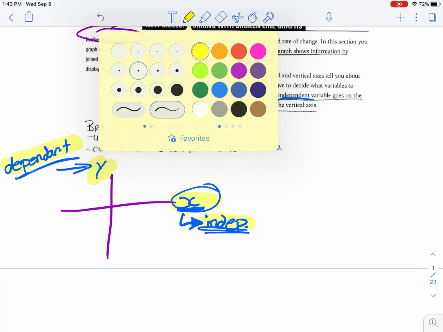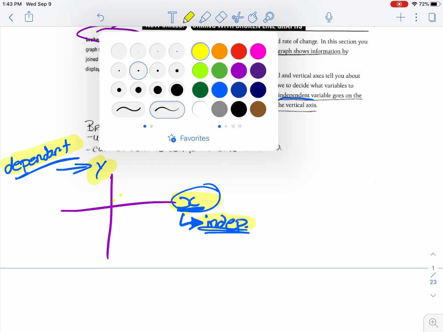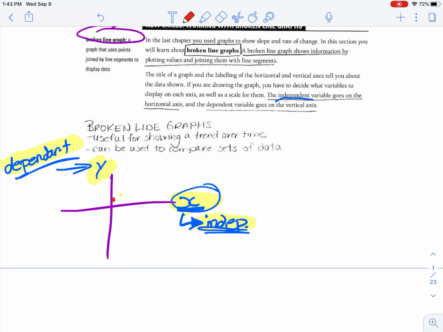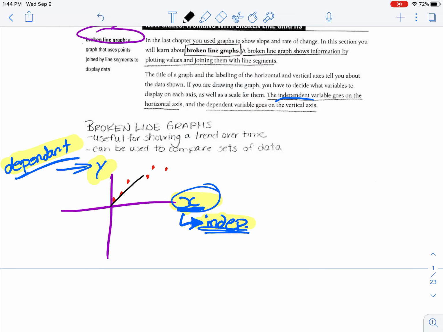Now, you also want to understand what a broken line graph is. We've all seen a broken line graph. Let's use red. It's where you're given data points, okay, that kind of scatter throughout. And then what you can actually do is you connect these data points by joining them with a line. Okay, this is called a broken line graph. And this is really useful because you can see what's called a general trend.